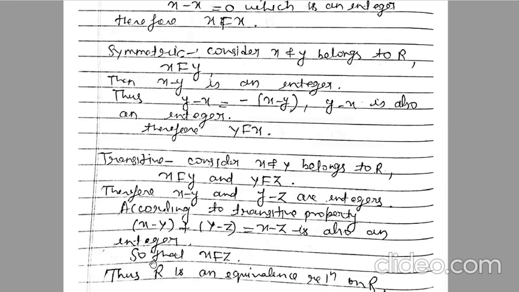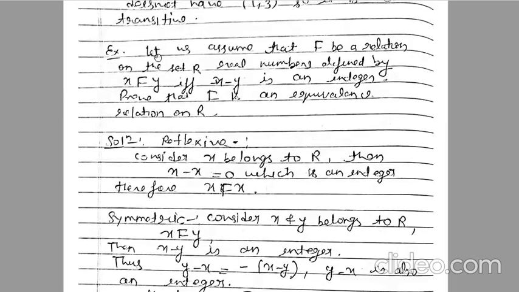So this shows that x is related to z. Thus F is an equivalence relation on R. Our properties are satisfied, so we can say that F is an equivalence relation on R, right guys?